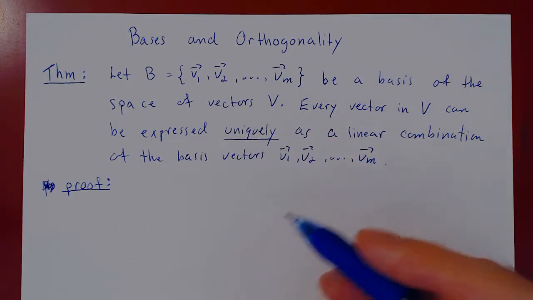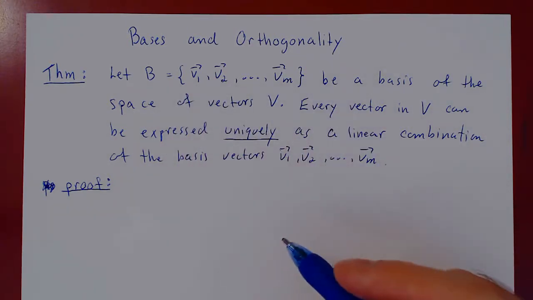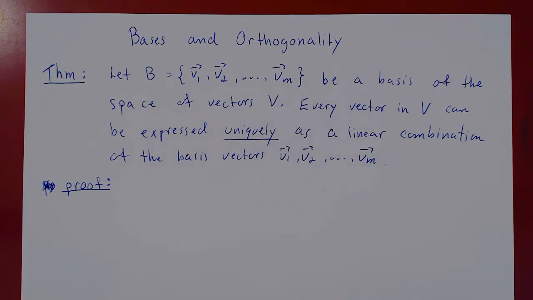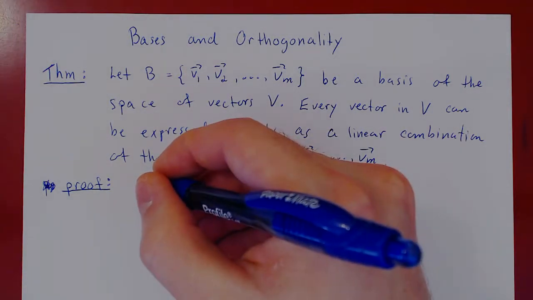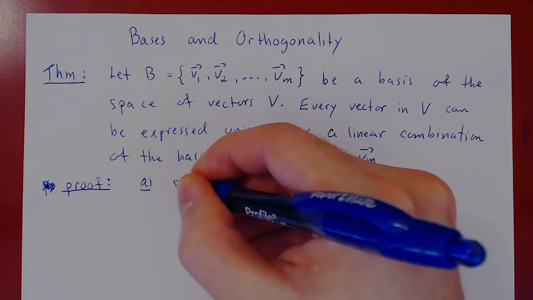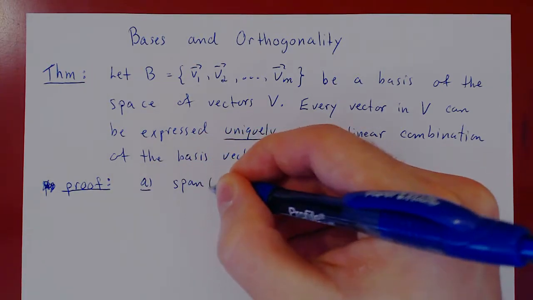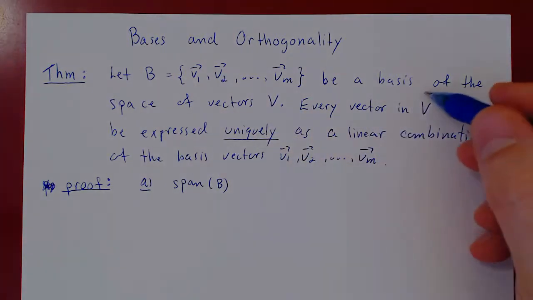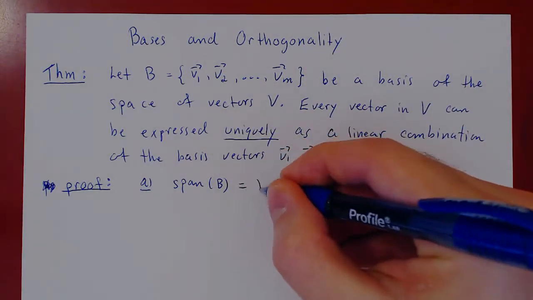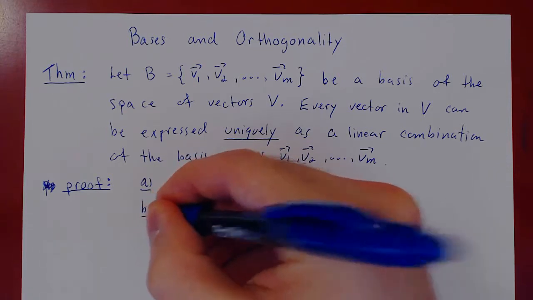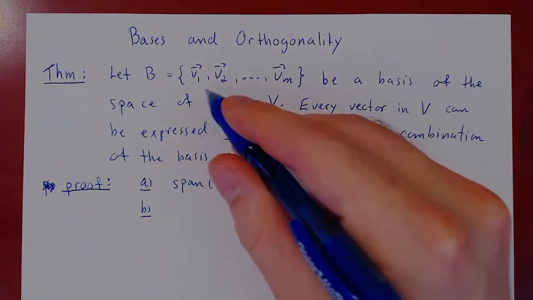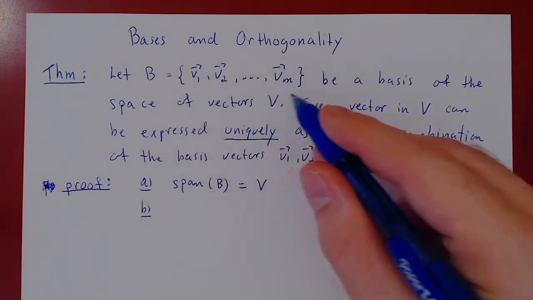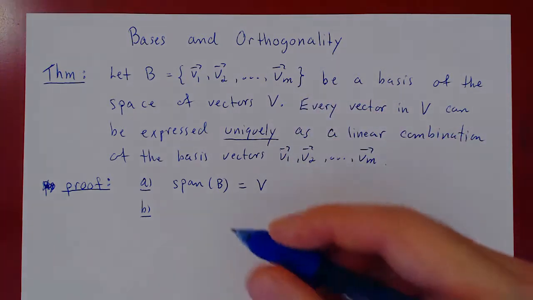of something? So recall that because B is a basis, B must satisfy two key properties. First, property A, the span of B, so the span of these m vectors, must be the entire space of vectors V. Property B, because B is a basis, the vectors it contains must be linearly independent.